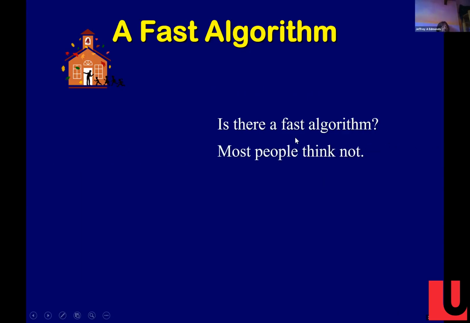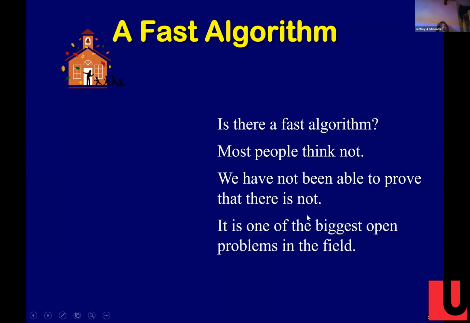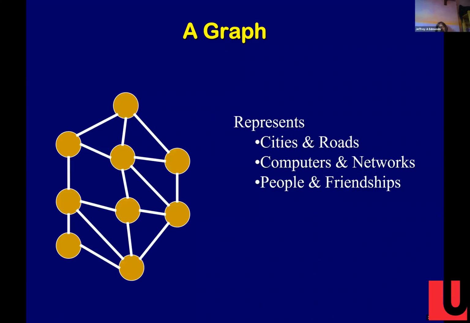We don't know. We don't think there's a fast algorithm. We don't have a fast algorithm. We can't prove there's not a fast algorithm. It's one of the biggest open questions in the field. Can you schedule faster than brute force? Because if you could schedule faster, then you could do all of these problems faster, and that would be exciting.